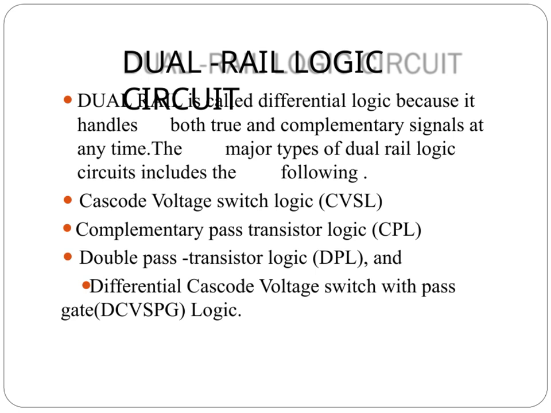These include cascode voltage switch logic, which is known for its high-speed switching, complementary pass transistor logic, which is efficient in terms of transistor count, double pass transistor logic, offering reduced power consumption, and differential cascode voltage switch with pass gate logic, which combines the benefits of differential operation and pass gate control. Each of these types offers unique advantages depending on the specific application.